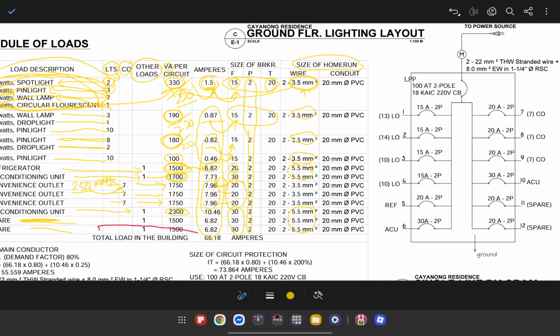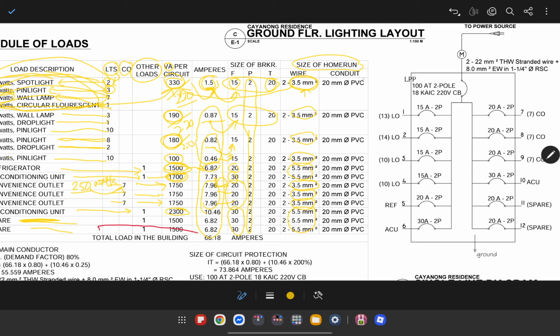We only use 3.5 mm squared for the convenience outlet because, again, it's not really that much. The load that 3.5 mm squared can carry can be seen in the gauge that I asked you to draw a few meetings back.